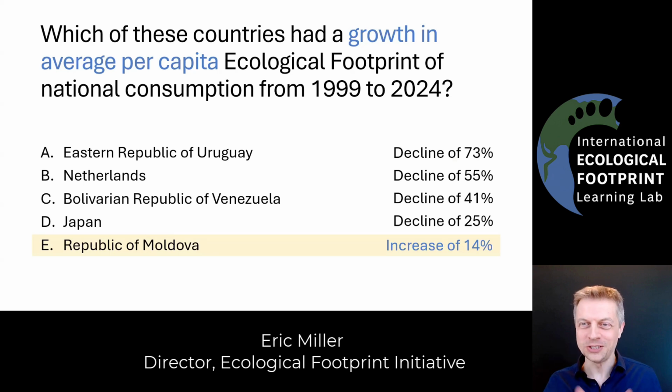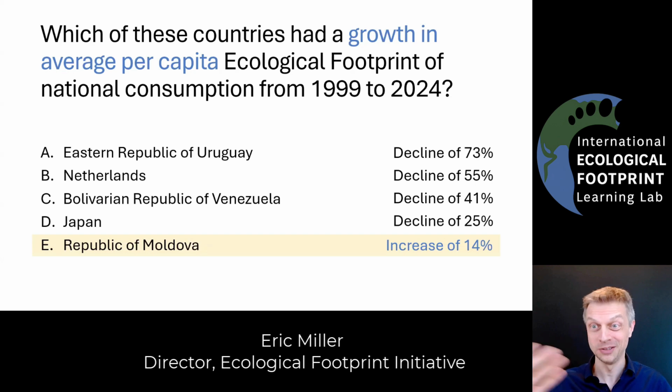Now, these questions that we just asked are a segue or introduction to emphasize the distinction between changes on a per capita average basis and changes on an aggregate basis for the country. Obviously, the ecological footprint of national consumption is a product of the average on a per person basis and the number of consumers over that period.